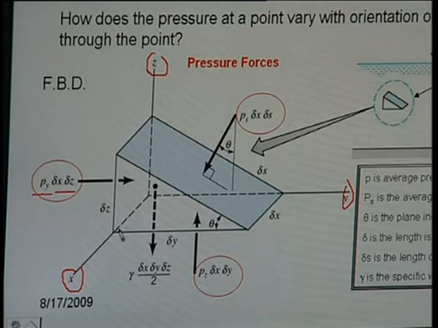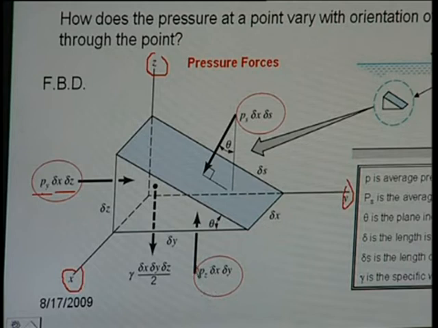This distance is delta x, this distance is delta z, and this distance is delta y. So what is the force acting on this side in the direction of y? Force is equal to pressure, designated as Py, multiplied by delta x delta z. This is the force acting in this direction.